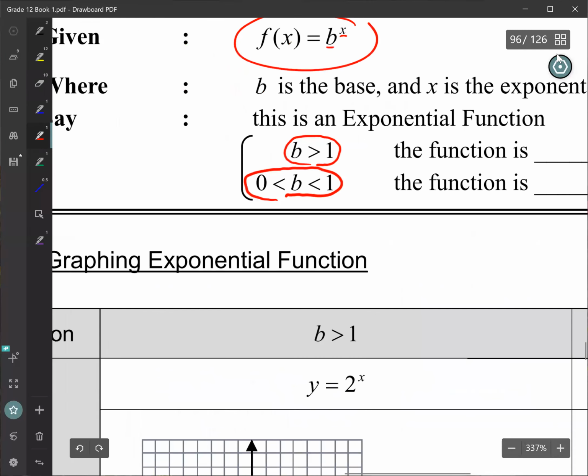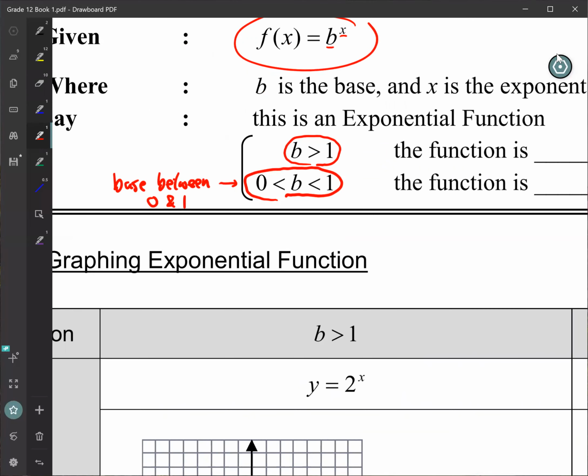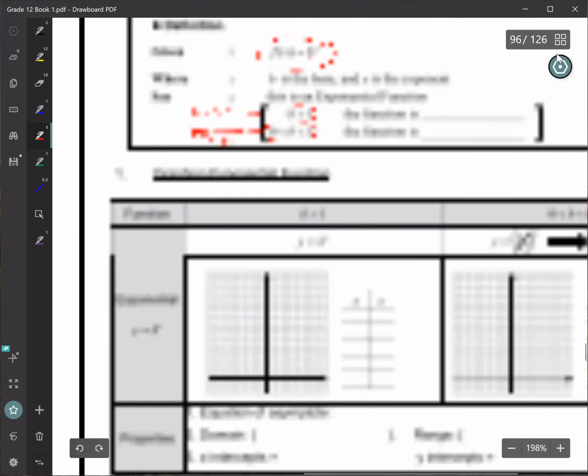So you can write that down. Base between 0 and 1, does not equal 0, does not equal 1. The other one is base greater than 1.